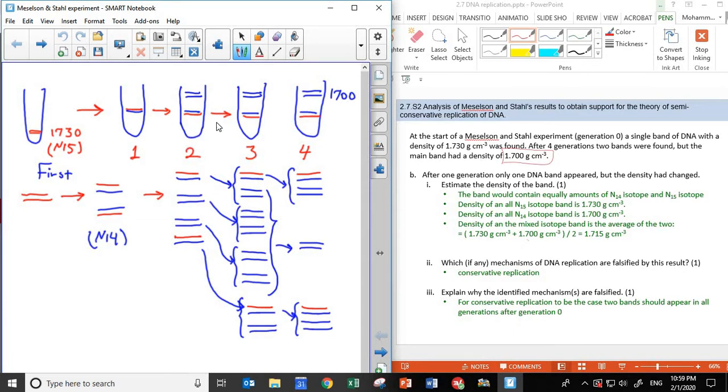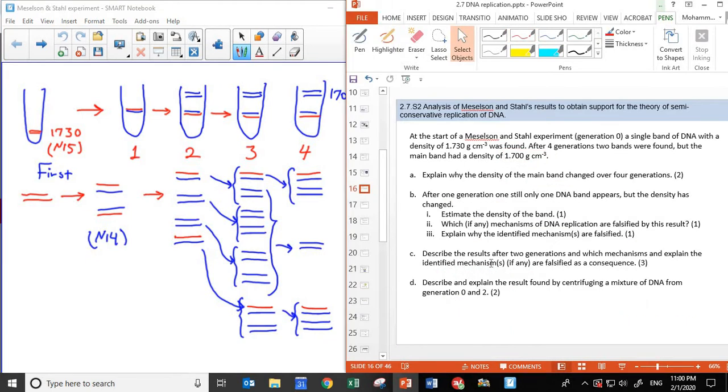The reason is that there are no conserved bands, especially the original one over here. So the new bands already form, which is not a part of that theory, and shows another theory that Meselson and Stahl mentioned later as the semi-conservative theory.